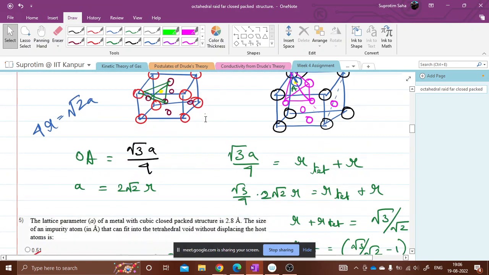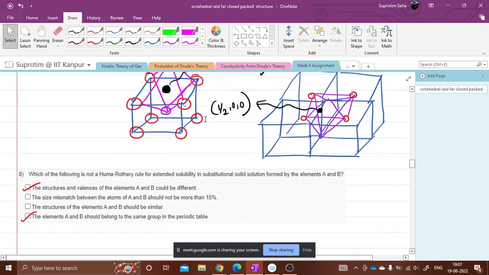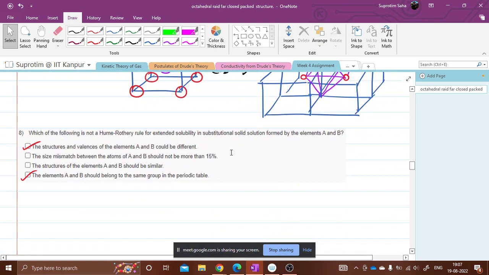It can't be much larger than the host atoms, otherwise you cannot have this interstitial site atom, and it will distort the unit cell structure. So the size mismatch between the atoms of A and B should not be more than 15%. That is correct, so that's why we are not taking it.